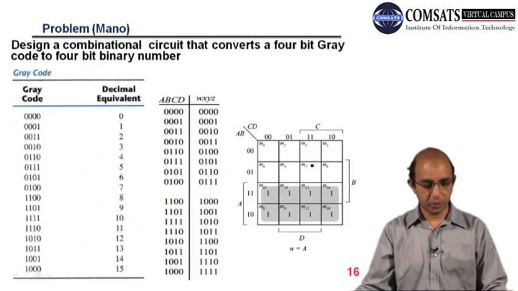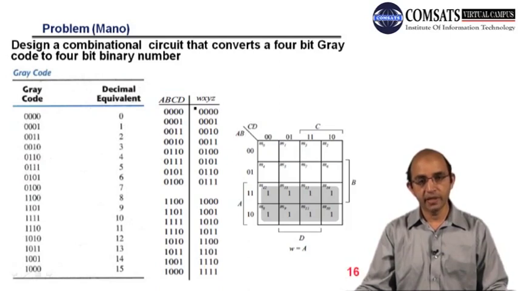So here we have another problem. We have to design a combinational circuit that converts a 4-bit gray code to a 4-bit binary number. So this is the gray code, and this is the decimal equivalent, and here again this is the gray code, and this is the binary equivalent.